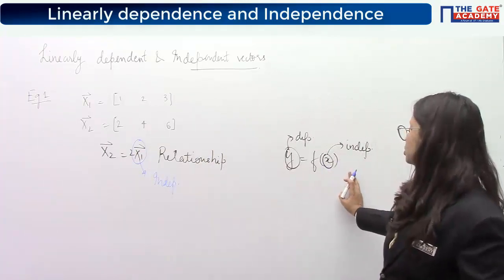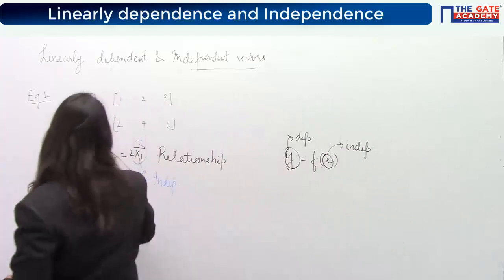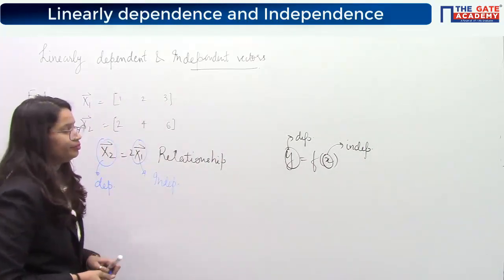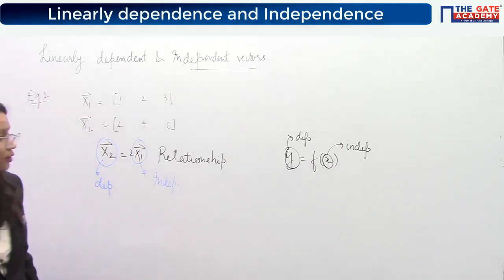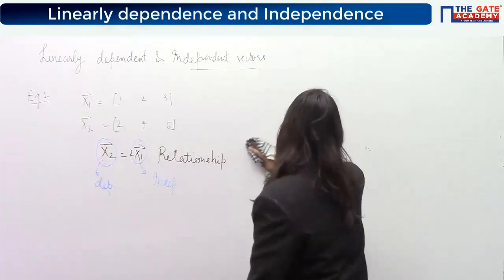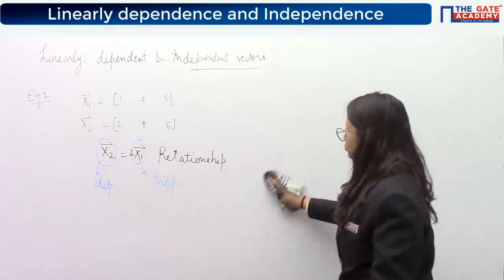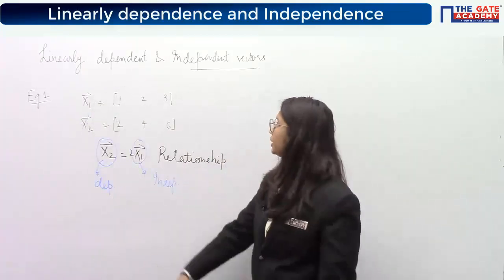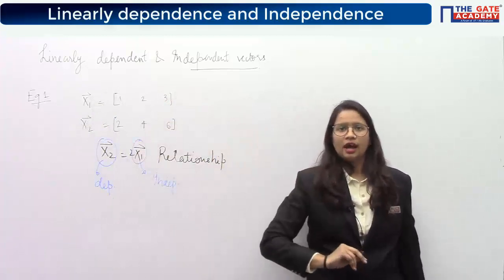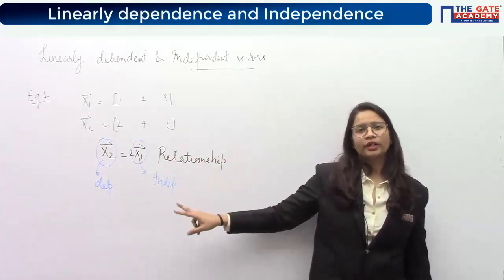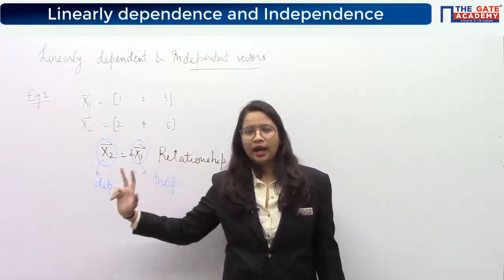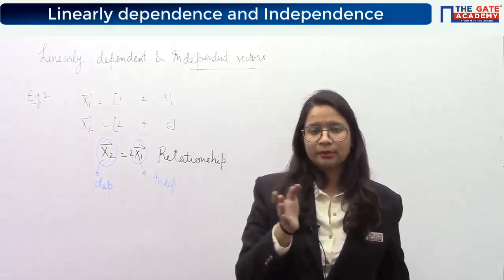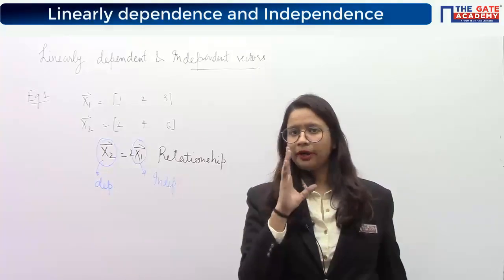According to the same analogy, we can say that this one is independent and this one is dependent. So what we have done, we were studying the topic of linearly dependent and independent vectors. I have given you two vectors. You found a relationship between the two vectors, and using that relationship, you are able to say which one is dependent and which one is independent.